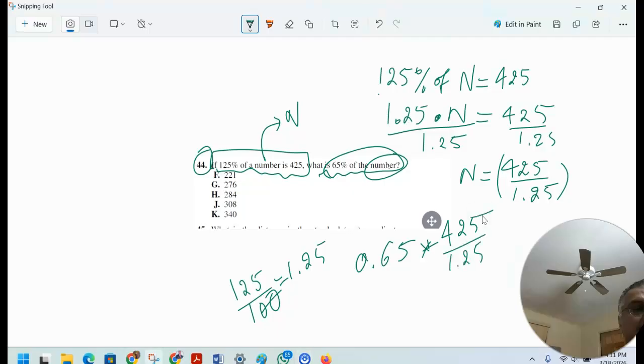And you use the calculator, you multiply these two, and then divide by this, you end up getting 221. So you will need a calculator. You will have an inbuilt calculator where you can directly use that and get the answer.